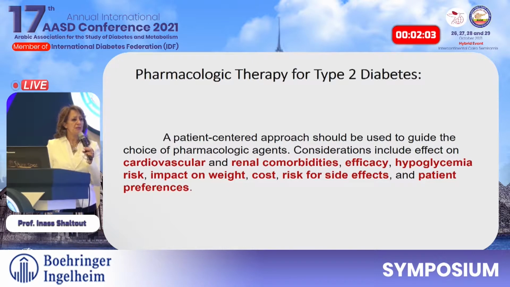Whether the patient has a fear of hypoglycemia, fear of weight gain, the price also is an important issue. If the patient has cardiovascular or renal risk factors or renal disease, other side effects or risk factors, and of course the patient preference.